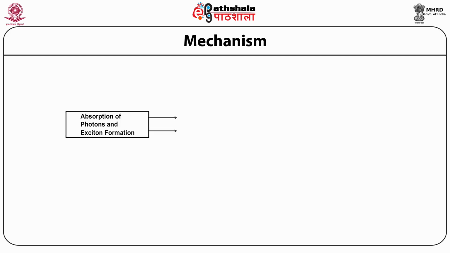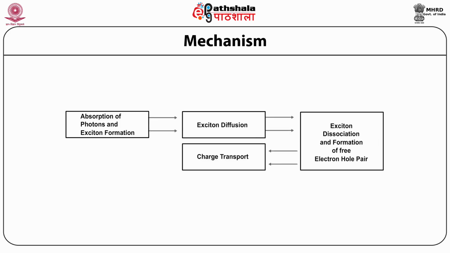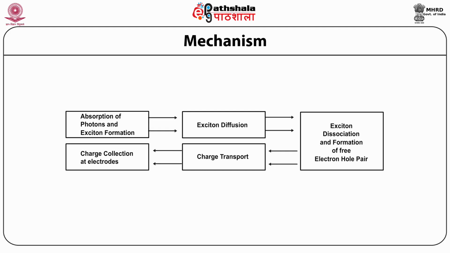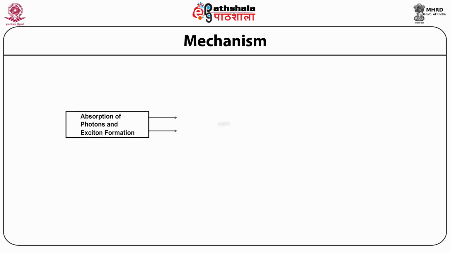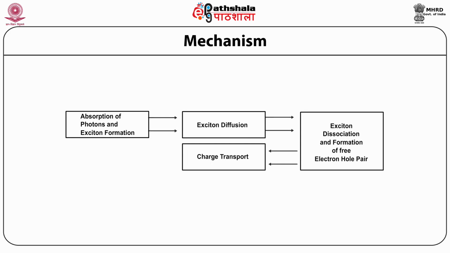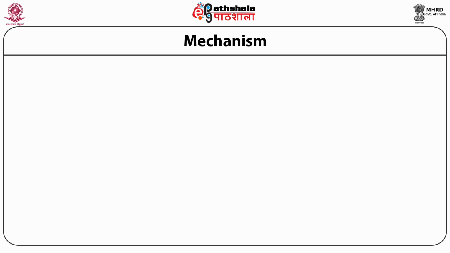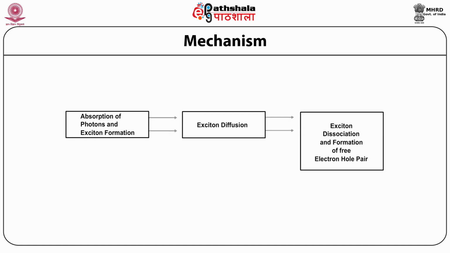Charges created by generation have to be transported to respective electrodes. This is shown by the fourth step in the block diagram. The electrons are transported via an electron transport layer, ETL, by hopping to the cathode, while the holes are transferred via hole transport layer, HTL, in a similar manner to the anode.